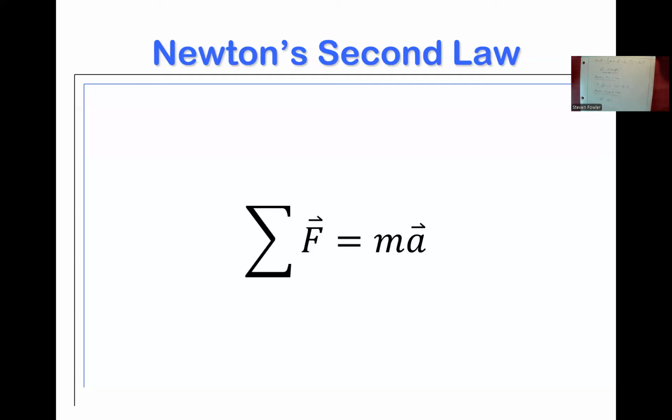But really, it is truly if I take the sum of all forces acting on an object, the sum of all forces then are going to cause mass, a total of mass times acceleration. It's going to cause, again, a total acceleration, and it's going to be inversely proportional to that mass. All right, so this is in mathematical form. We've talked about Newton's first and second laws so far.